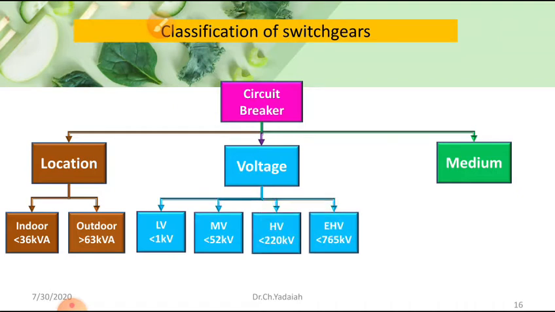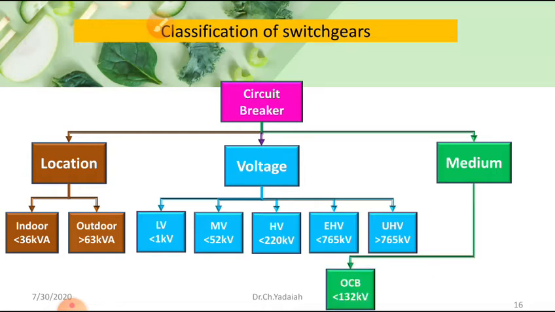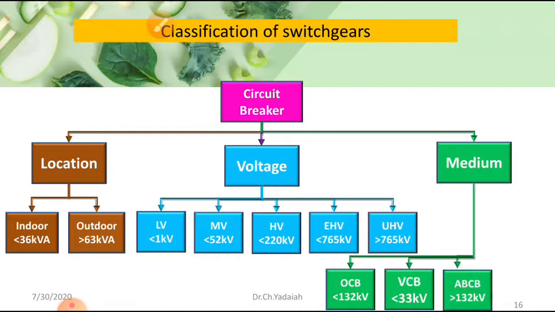Now coming to the classification based on the medium. Whichever type of media you use to quench the arc, whether oil, vacuum, air blast, or SF6 gas, the breakers are classified based on the media.